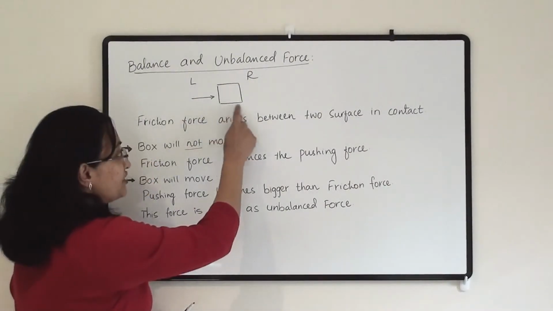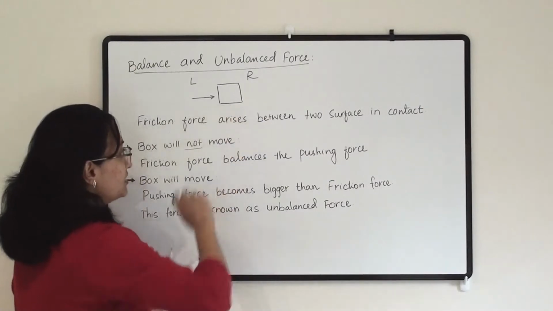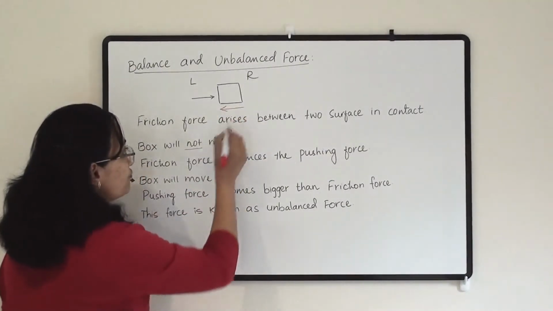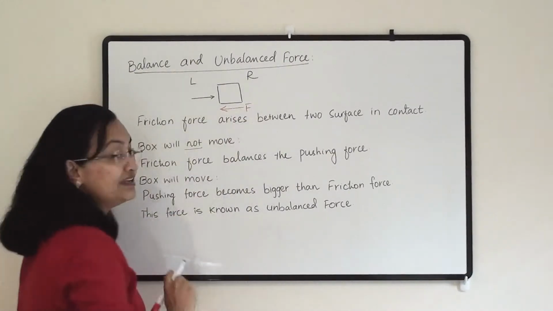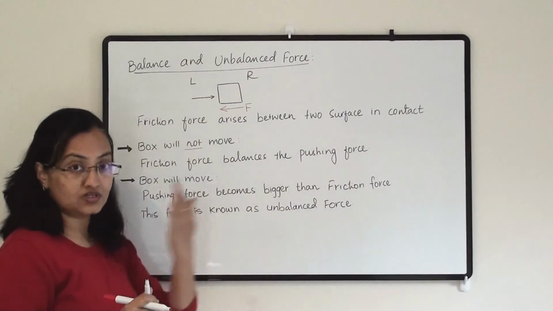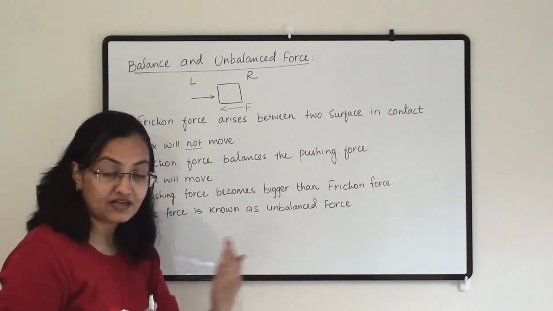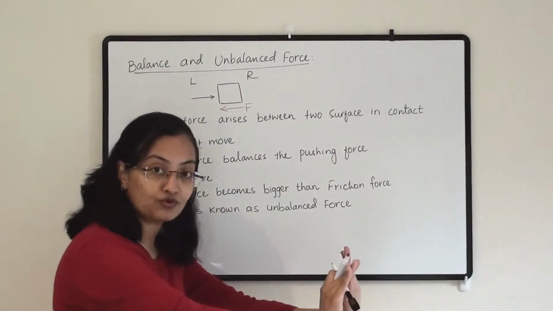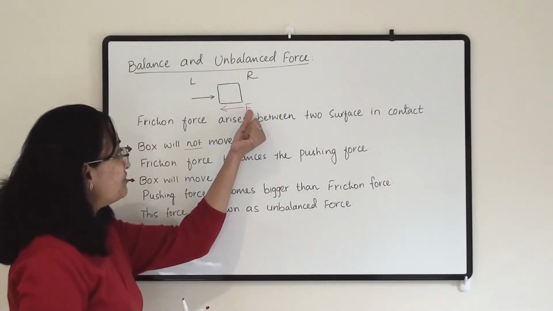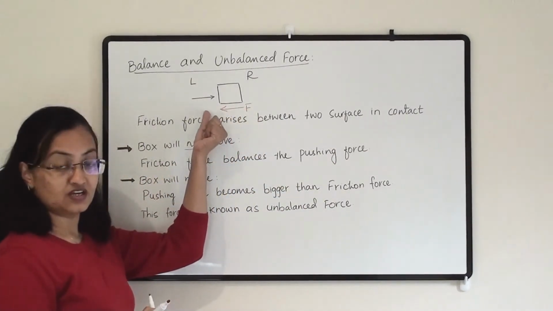The friction force will be applicable in the opposite direction. Friction force is applied towards me when I am pushing from the left side to the right side. Its application will be from the right side to the left side.